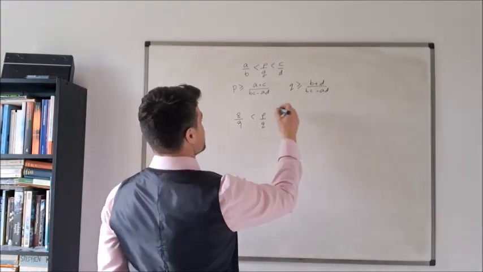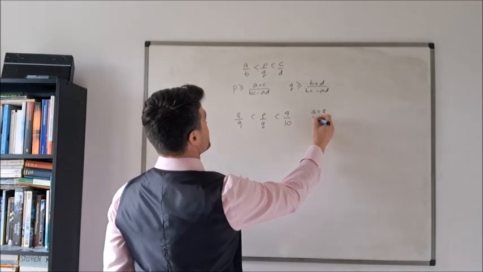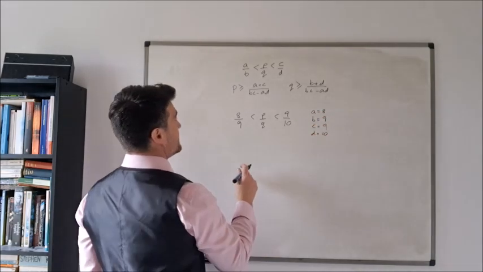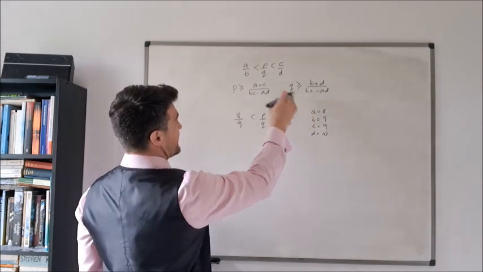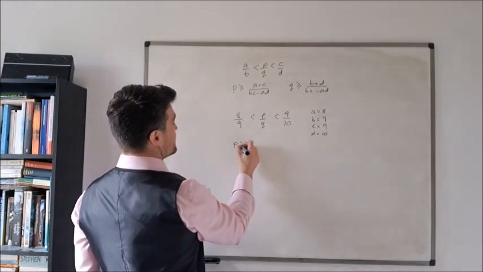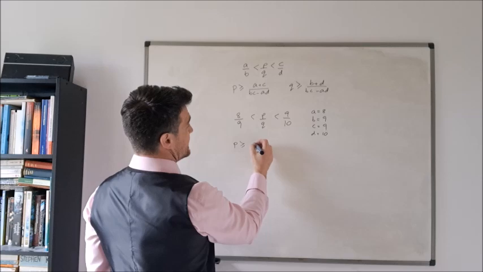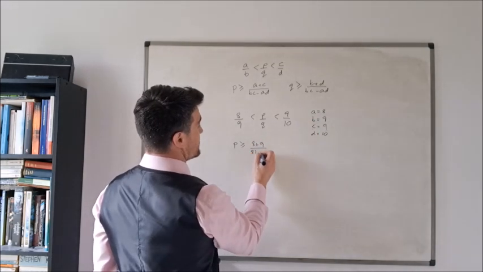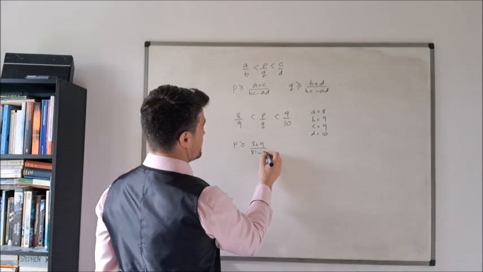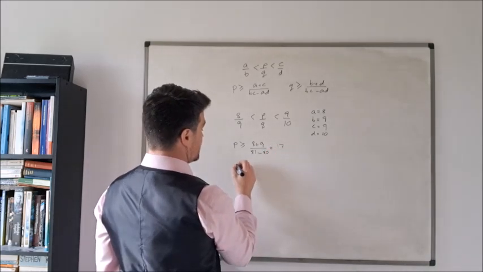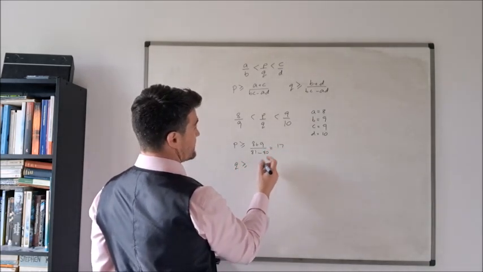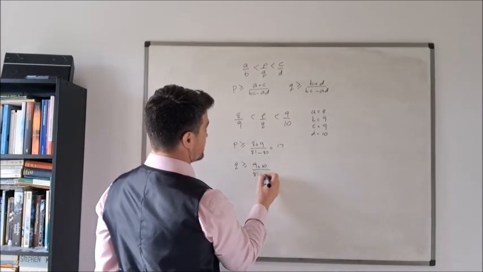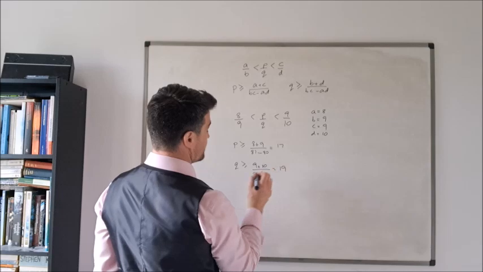So that means that A is equal to 8, B is equal to 9, C is equal to 9, D is equal to 10. So plug these values into these inequalities, we get P is going to be greater than or equal to 8 plus 9 over BC 81 minus AD, which is 17. And similarly, Q is going to be greater than or equal to B plus D over, again, 81 minus 80, which is 19.